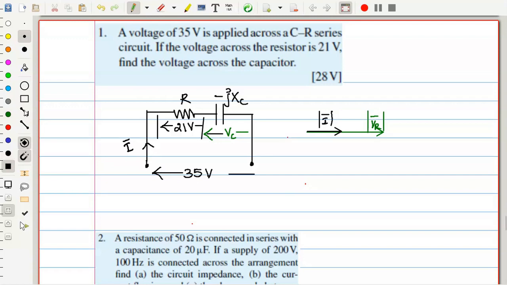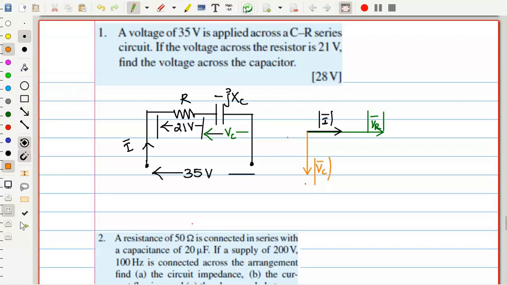Now where should the voltage of the capacitor be? The capacitor voltage should be downward, so that the current is leading the voltage. So this is the VC magnitude. See the importance of the phasor diagram now.